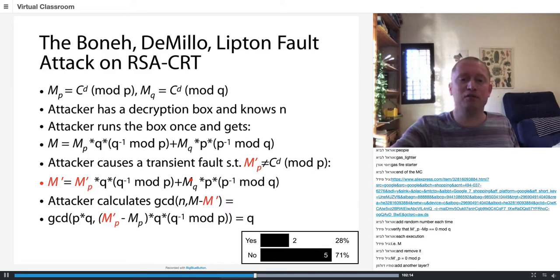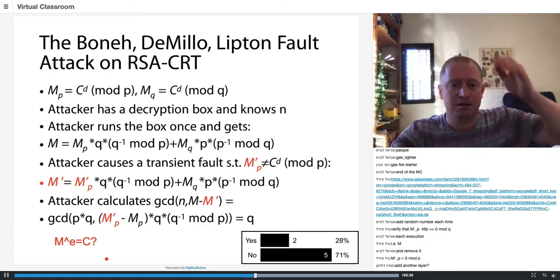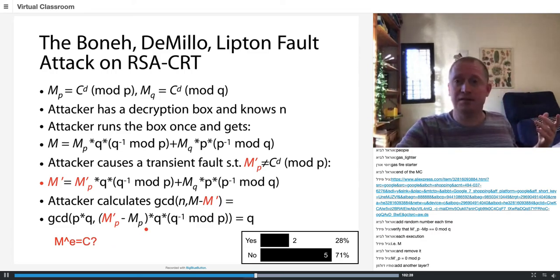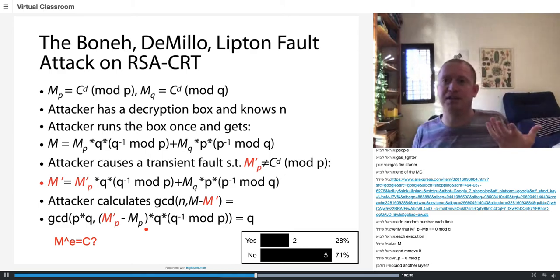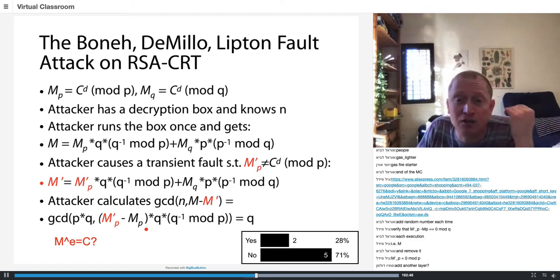As the device, I know what c is because I got it as an input, and I know what m is because I just got it as a decryption. So if m to the power of e is equal to c, it means that I was able to do my decryption successfully. And if it's not, there was a fault attack and I need to fail.